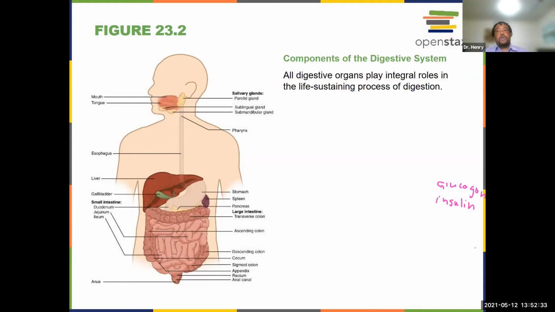We also use components of the liver and the pancreas. All of these play a huge part in digestion. They produce a lot of the enzymes, saliva, and fluids necessary for functional digestion.